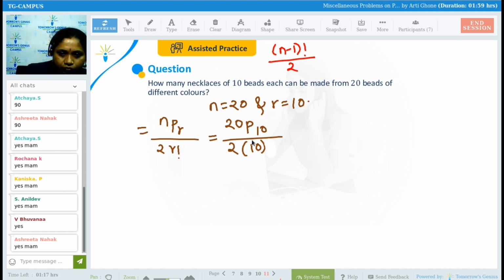So tell me the answer. 20 factorial upon 10 factorial into 20.